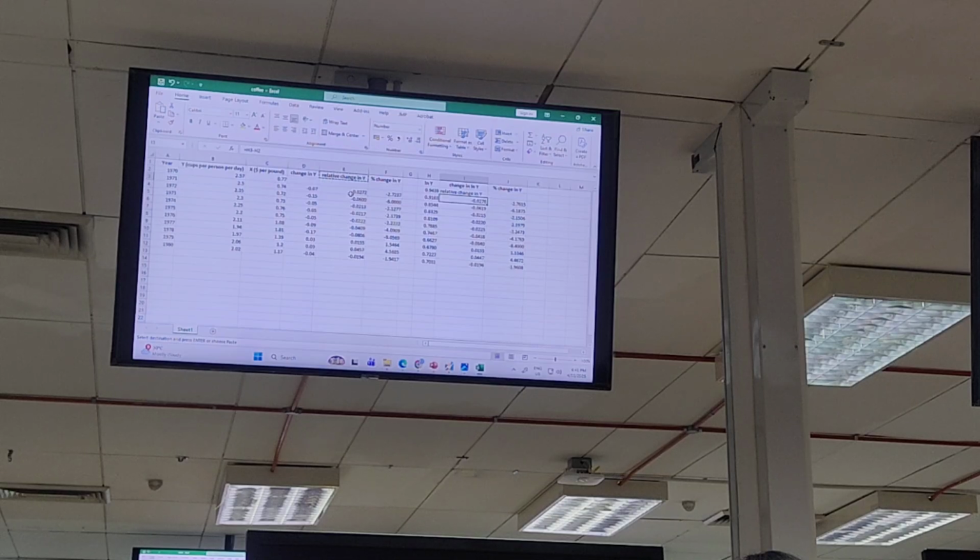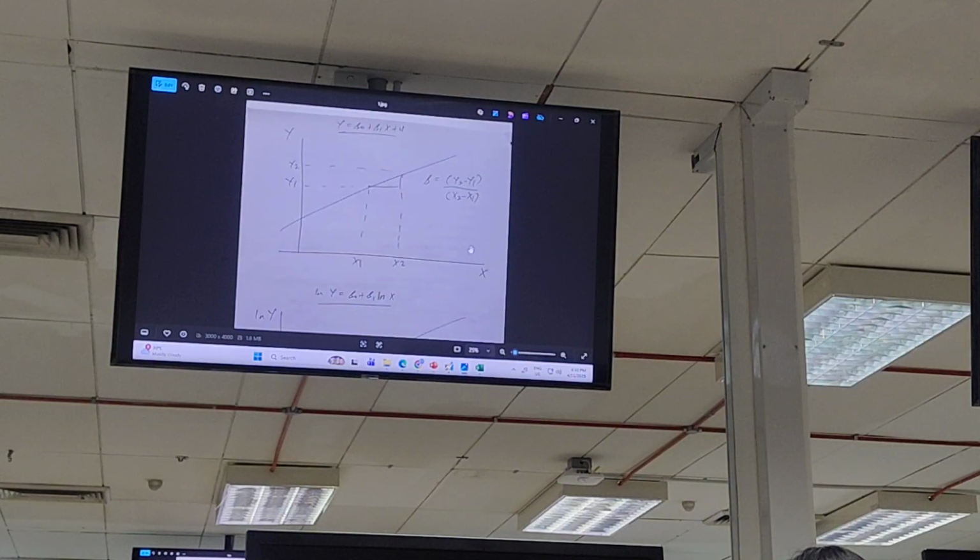It's not exact, just approximate. And if you multiply by 100, then you get the percent change. So when you use log transformation, you are able to interpret it as percent.